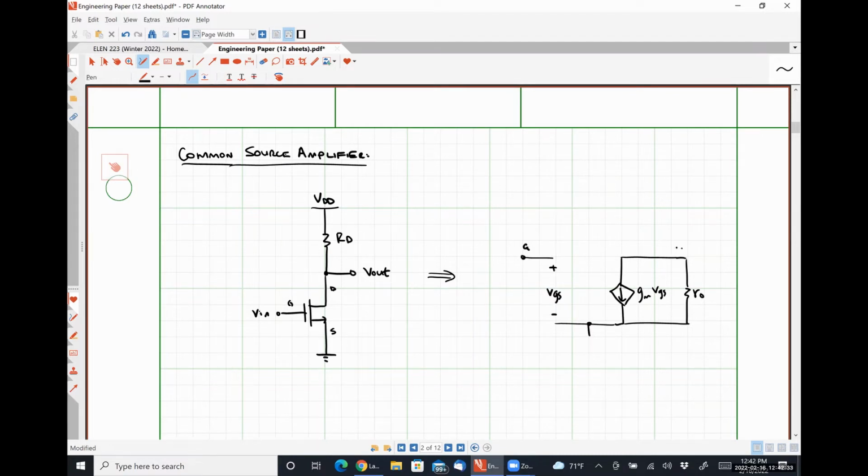Gate, drain, source. Our source is at ground. Between the drain and AC ground, we're going to have this resistance RD, over which our voltage drop Vout appears. On the input side, here's our input voltage, Vin, like so.